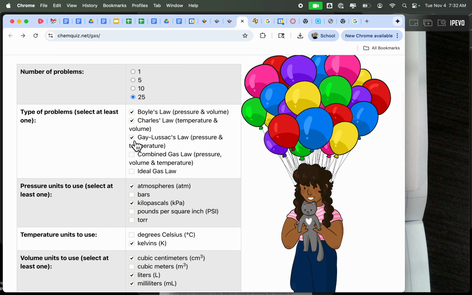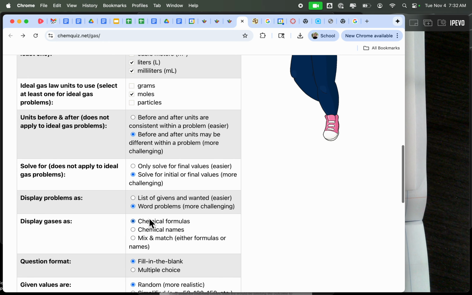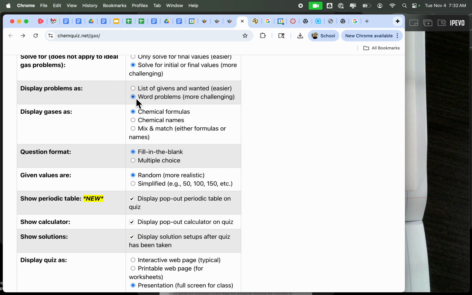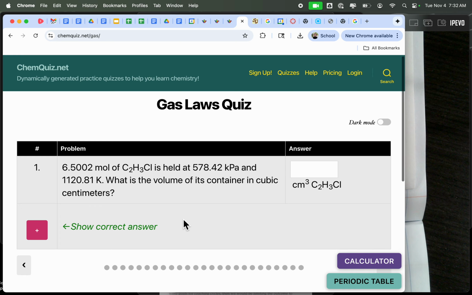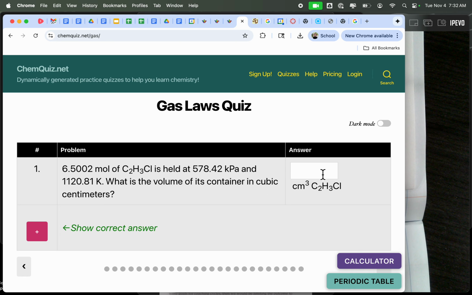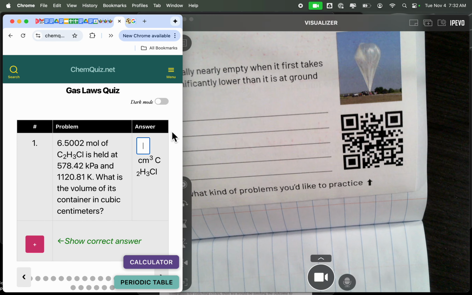If you want to only work on ideal gas law problems, you can just click ideal gas law and it will give you exactly what you need. You can also decide what units you see. You can decide whether or not it's a word problem. You can say how you want it. Do you want it just on the screen for you to click? Do you want it to print you out a worksheet, etc.? And you press start and it'll make you some problems to work on. All right, so those are some ways you can practice this.